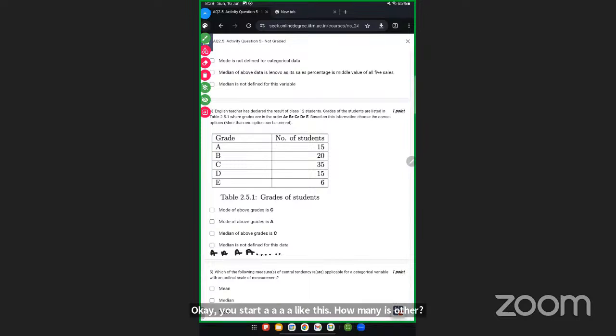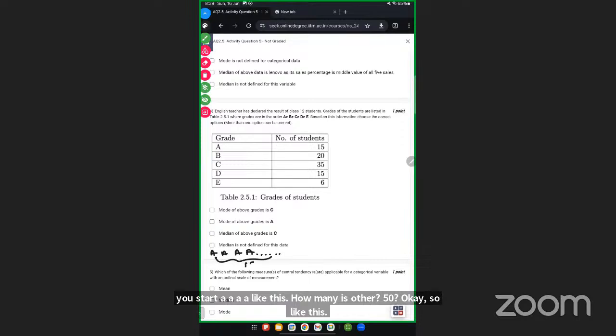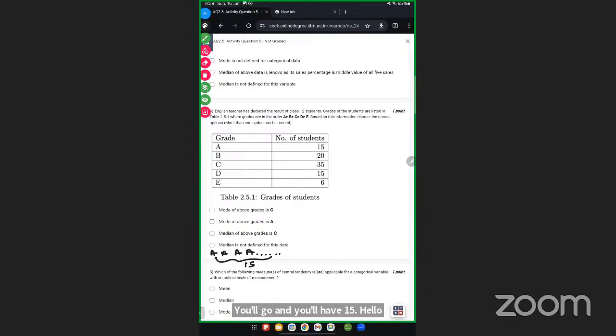Then you will start B, B, B, like this. How many B's are there? 20. Where did I reach? 35. So I reached 35. The total is 91.